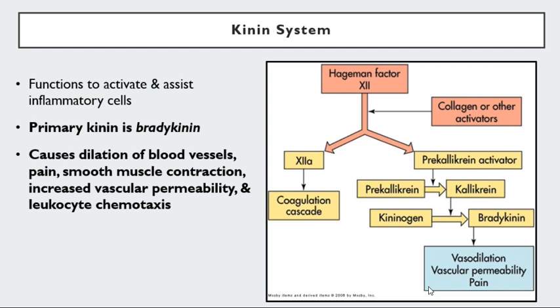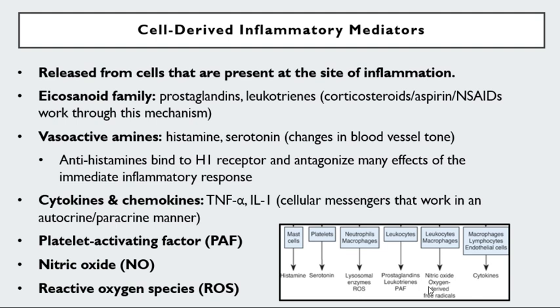It also causes smooth muscle contraction that restricts the movement of pathogens out of the blood into the body, and increases vascular permeability at that site to increase blood recruitment and the recruitment of leukocytes into the damaged area.